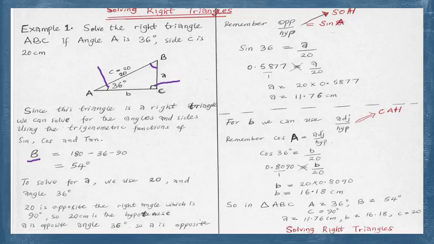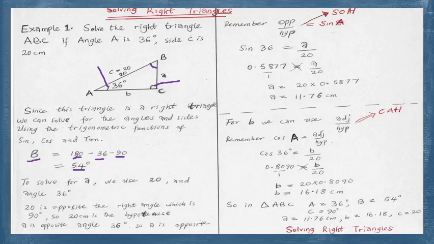So to find angle B, we subtract 36 and 90 from 180. If you add 36 and 90, you get 126. If you subtract 126 from 180, you get 54. So angle B is 54 degrees.